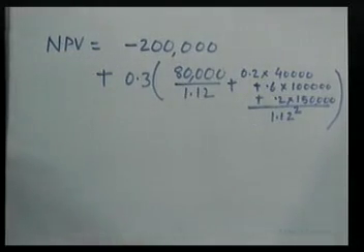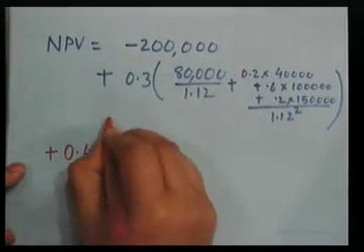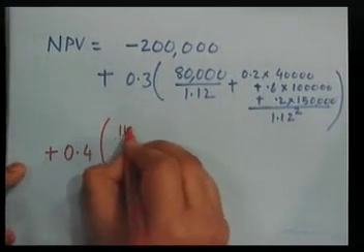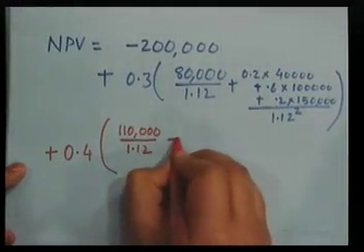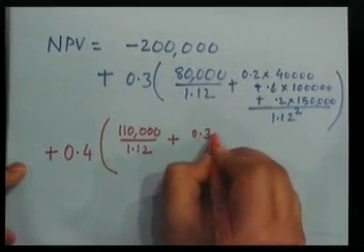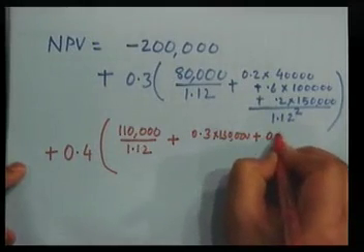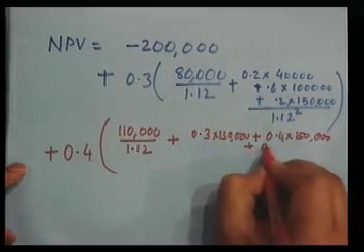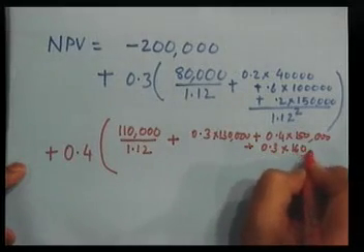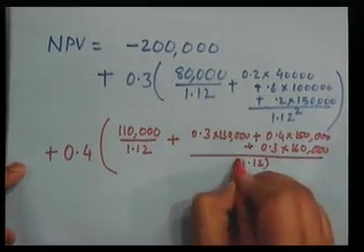Likewise, you will have for the second node, which will be plus 0.4 multiplied by 110,000 divided by 1.12 plus 0.3 into 130,000 plus 0.4 into 150,000 plus 0.3 into 160,000 divided by 1.12 raised to power 2.